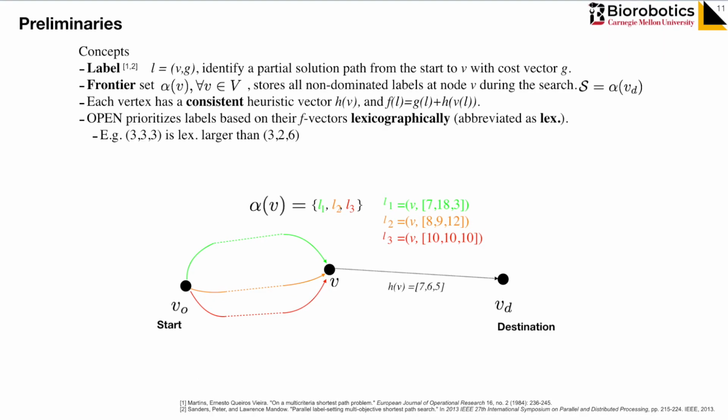And finally, the open list prioritizes labels based on their F vectors in lexicographic order. So lexicographic order means that we compare two vectors by looking at the first component. If they are the same, then we look at the second component, and so on and so forth. Lexicographic order makes sure that any pair of vectors are always comparable.